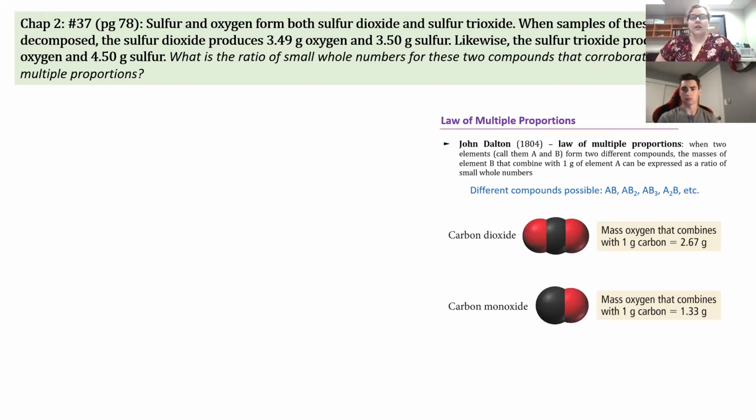So then, this is a little bit more involved. If we have two different options for sulfur and oxygen forming molecules, say we have some sort of sample and we decompose it, the sulfur dioxide would decompose into 3.49 grams of oxygen and 3.5 grams of sulfur, whereas sulfur trioxide produces 6.75 grams of oxygen and 4.5 grams of sulfur.